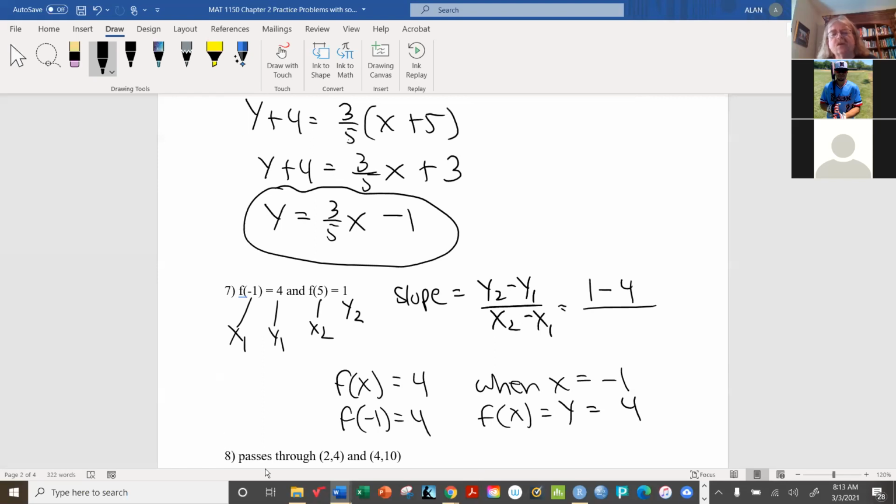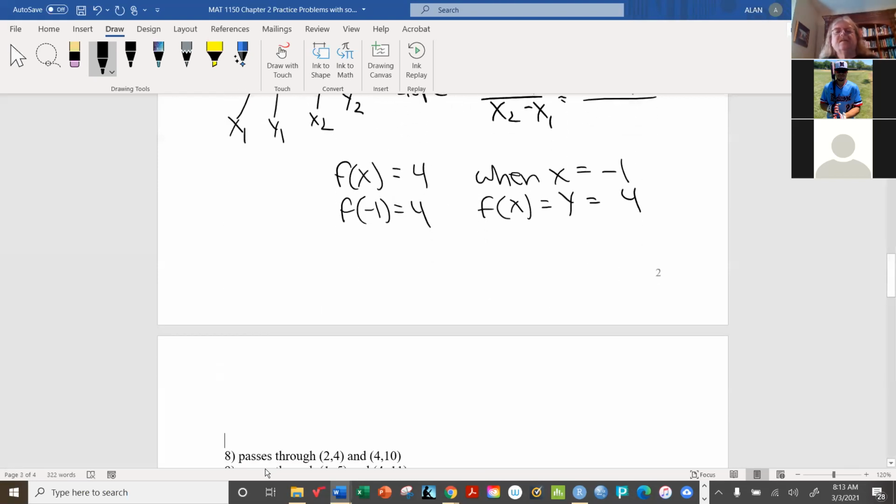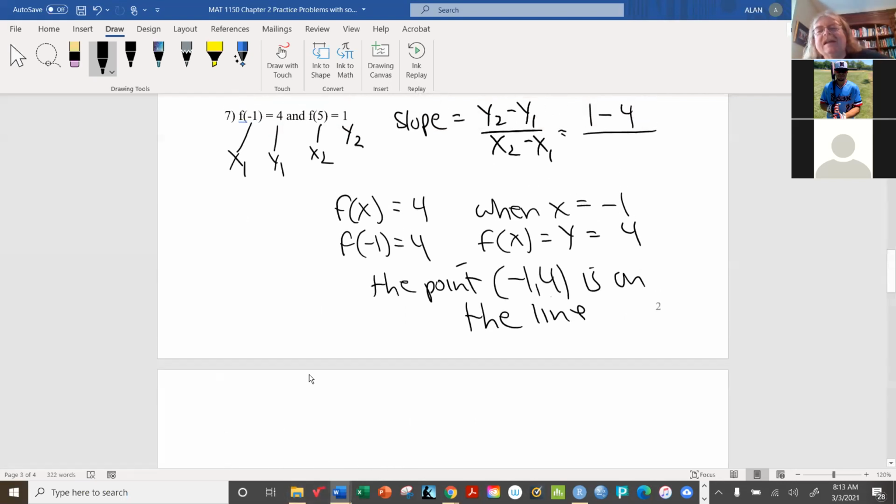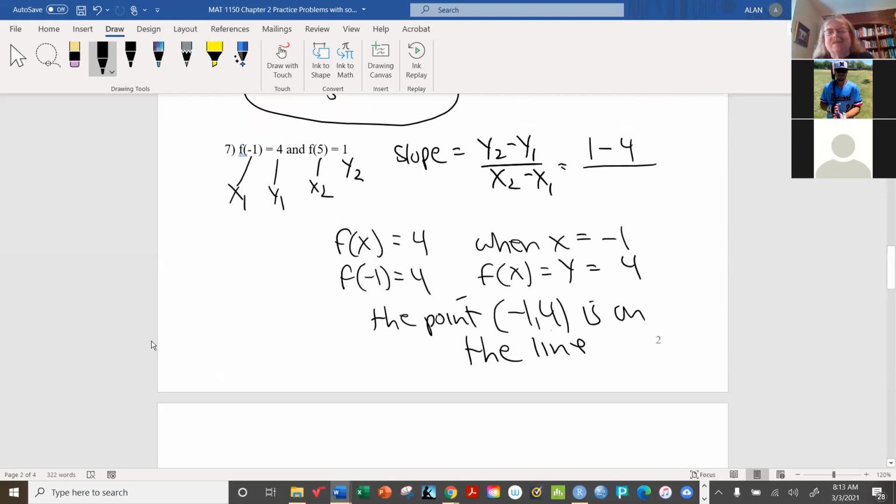So it's just another way of writing that. See, down here, they're written as ordered pairs. This is the same thing as saying that the point -1, 4 is on the line. So in other words, it's just a fancy way, I guess we could say, of saying the same thing.